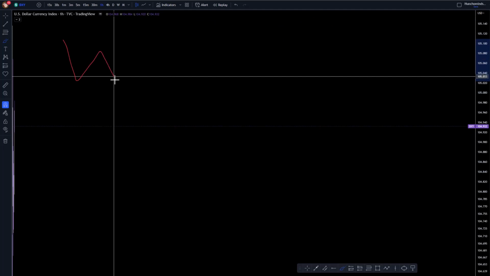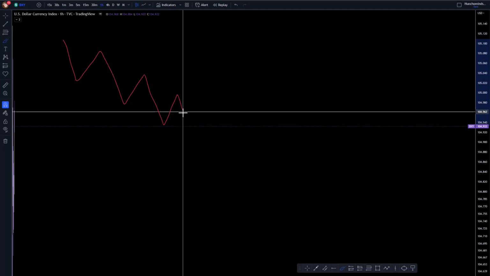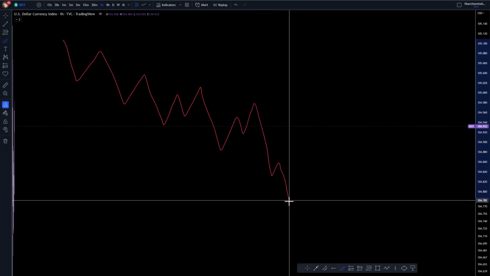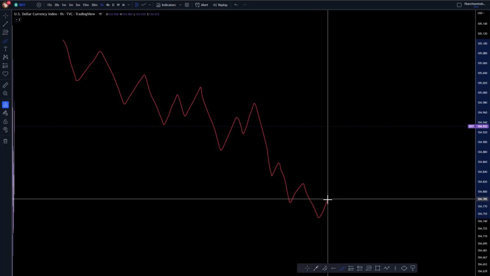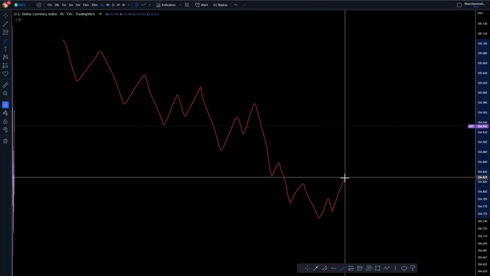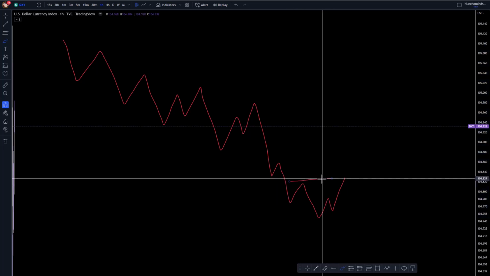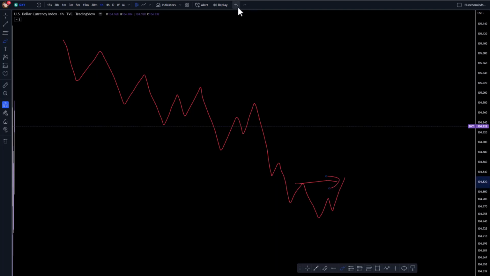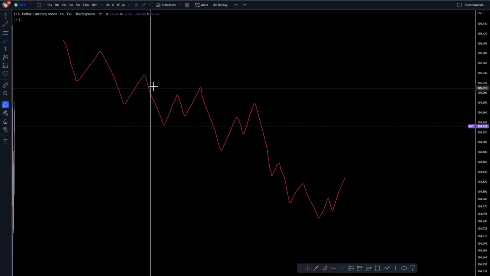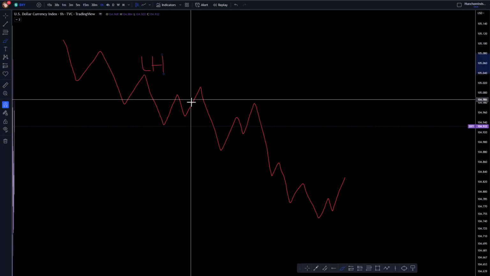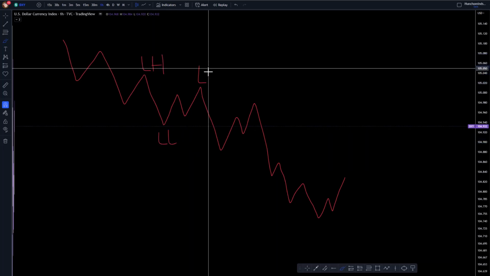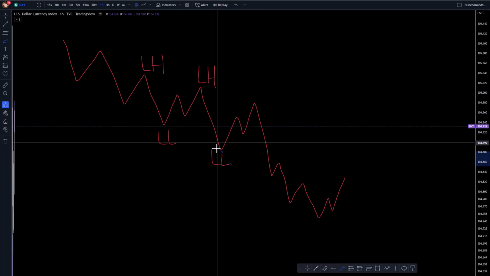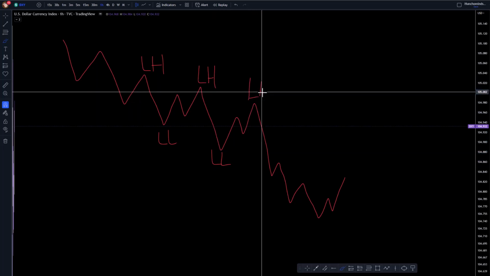Now, when you're seeing a bearish trend, and you see lower lows, lower highs, lower lows, and price action starts to break valid lower highs. So we have lower high, lower low, lower high, lower low, and then we retrace to another lower high.